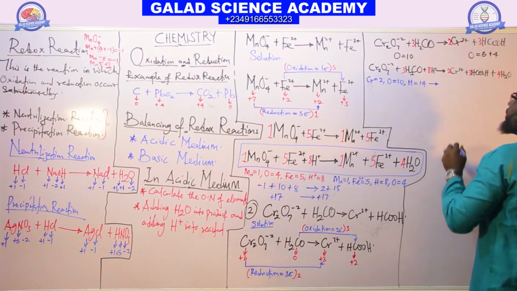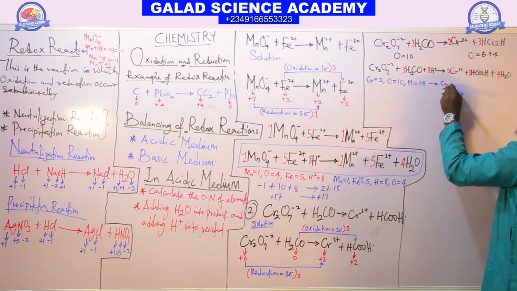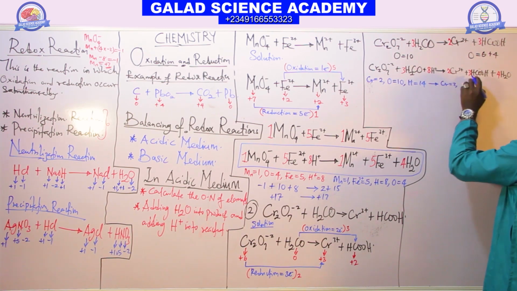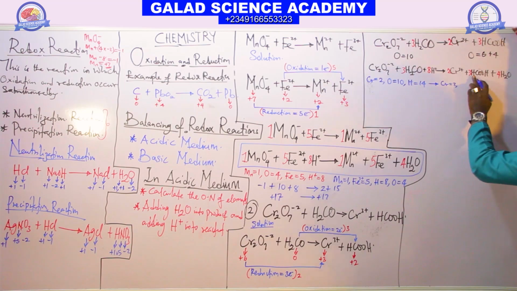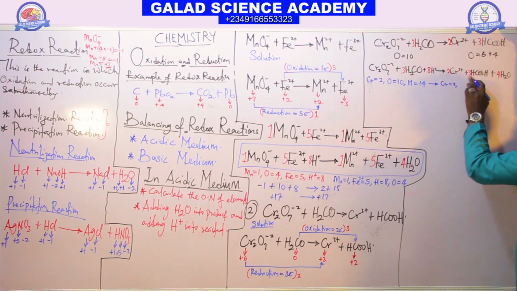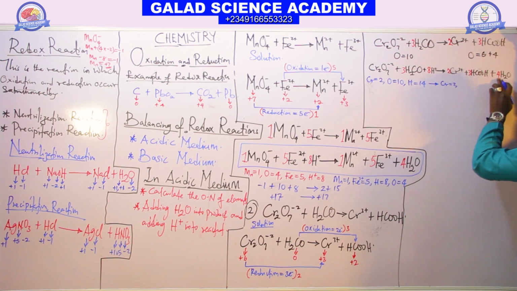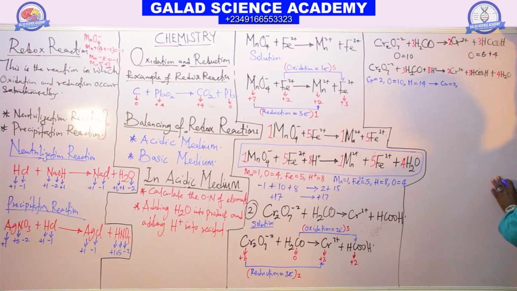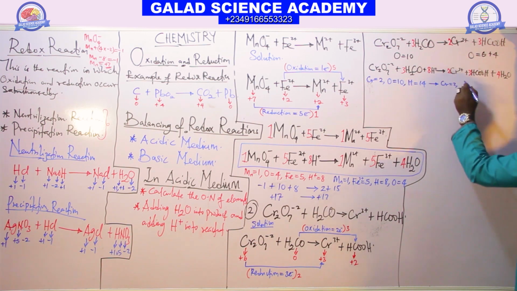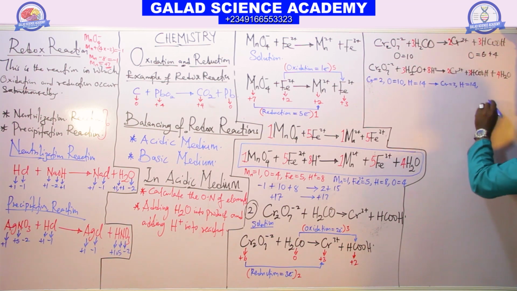As a result of that, we will have 2 here, so the chromium here is also 2. What is hydrogen here? We have 3, 2 times 3, 6, plus 8 is also 14. So the hydrogen atom gives us 14. And what happened to the oxygen?